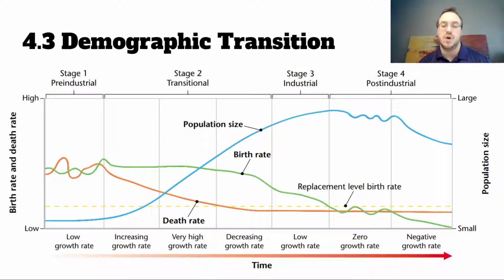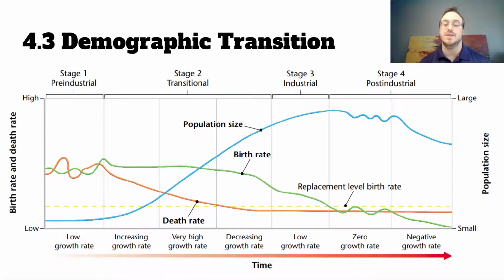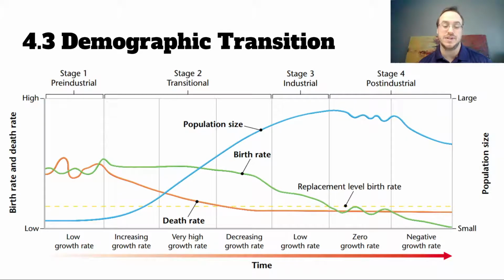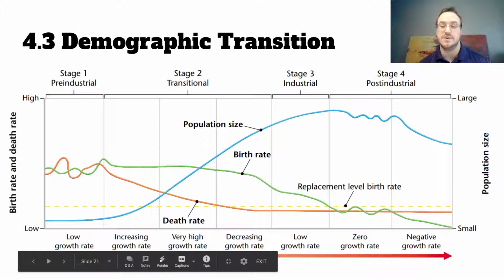So once the birth rate is at the same level as the replacement level birth rate, that is usually a hallmark of a post-industrial society, and the death rate is going to continue to be lower, right? Because the birth rate goes below the replacement level birth rate, we see the population size, this blue line, start to go down again, right?